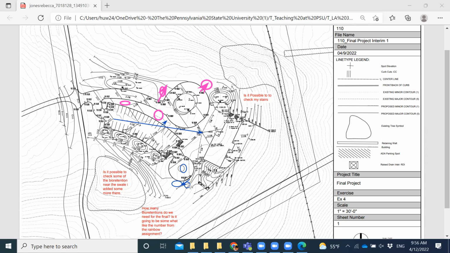I think the main issue is the center line sort of conflicts with this. I might want to do some changes to the contours in this area, because that might be a better solution for it to not go through a swale here, but instead I'll just let it go.